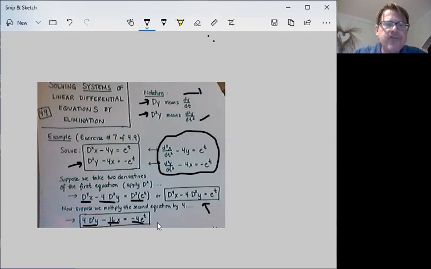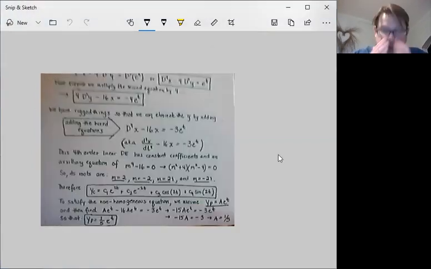So now we have these two equations with, again, the two unknown functions. Notice the first one has minus 4 times the second derivative of y, and the second has plus 4 times the second derivative of y. So if we add those two together, we should be able to eliminate the function y entirely.